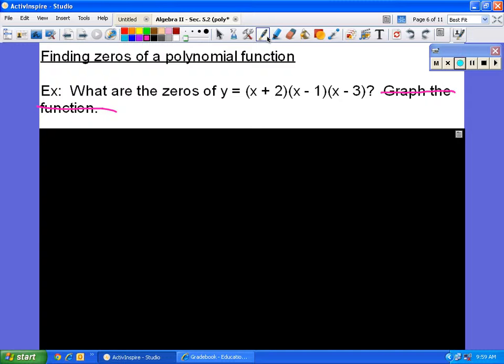So if my factor is x plus 2, what's the value that's going to make this binomial equal to 0? Negative 2. So x is equal to negative 2. X is also equal to 1. And x is also equal to 3. And that's all that you need to do for this.